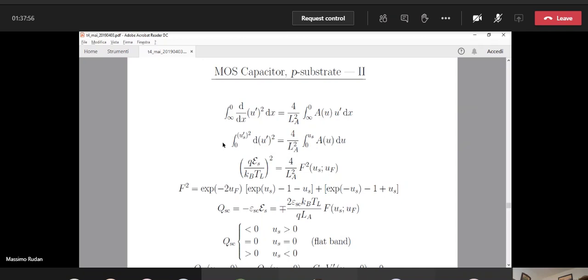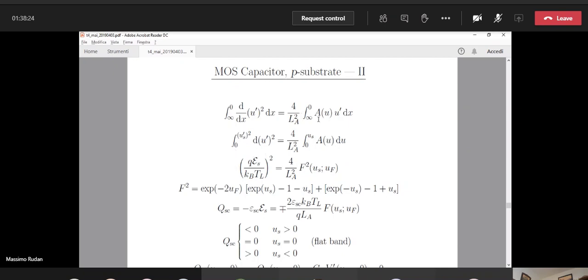So if we then go to the non-normalized symbols, u prime s squared is equal to Q over kT times the surface field squared. Of course, when you go from the potential to the field, you have a minus, but you have a square. So the minus is cancelled by squaring, okay? So the left-hand side is done.